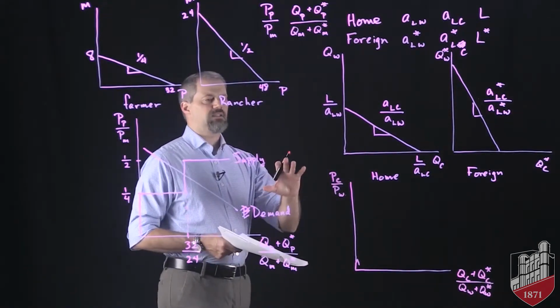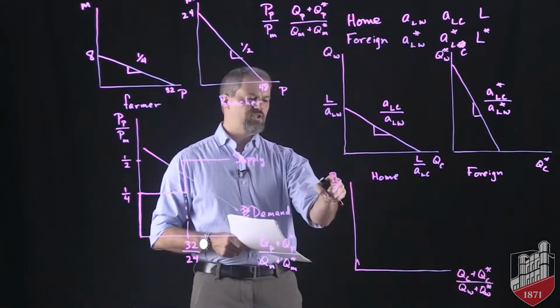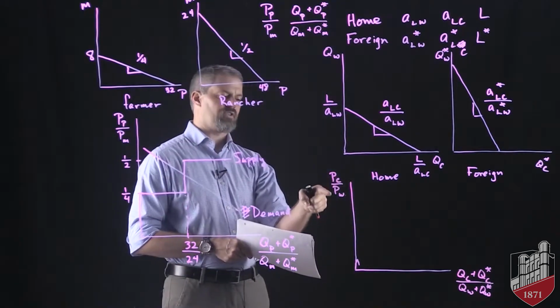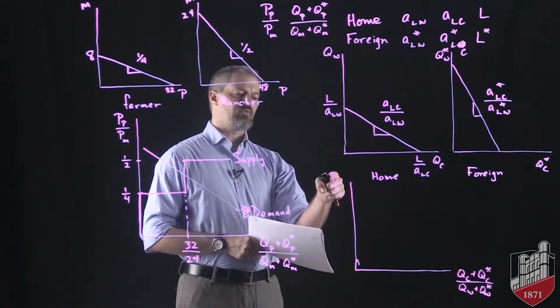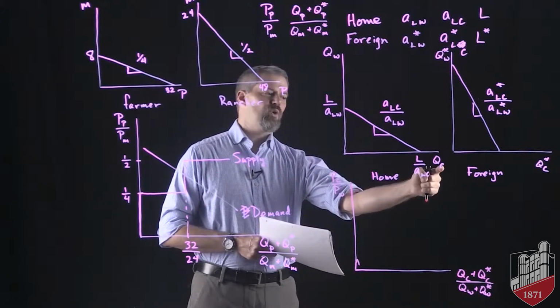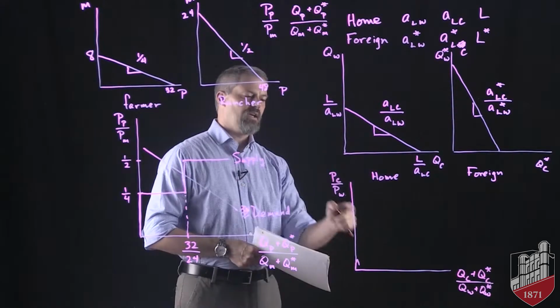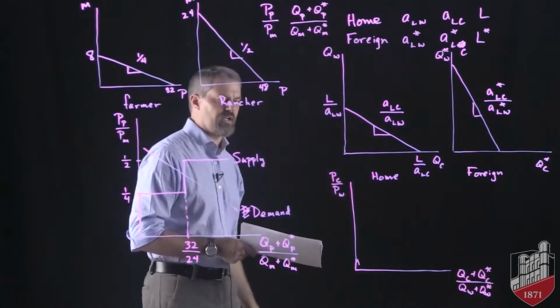If you ever get confused about which goes in the numerator and which goes in the denominator, just remember that whatever you've put on the horizontal axis in your PPF picture, that's going to be the thing that's in the numerator.